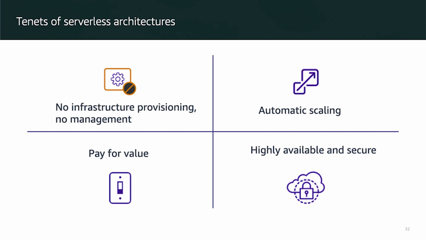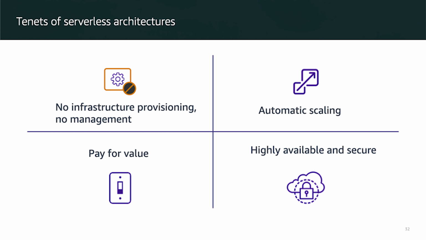Automatically scales by unit of consumption, rather than by server unit. Pay for value pricing model, you pay only for the duration that a resource runs. Built-in availability and fault tolerance, no need to architect for availability because it is built into the service.